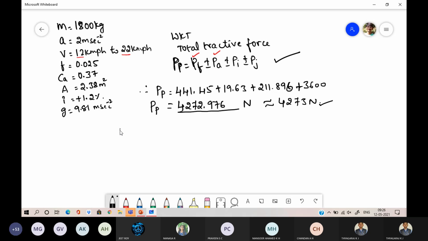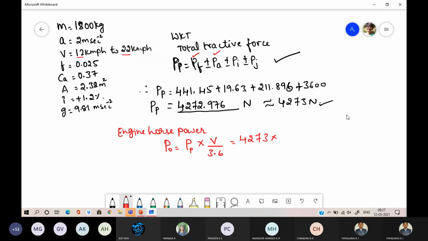Next is the engine horsepower. So P naught is equal to, we know the formula, P naught is equal to PP into V divided by 3.6. So PP is 4273.